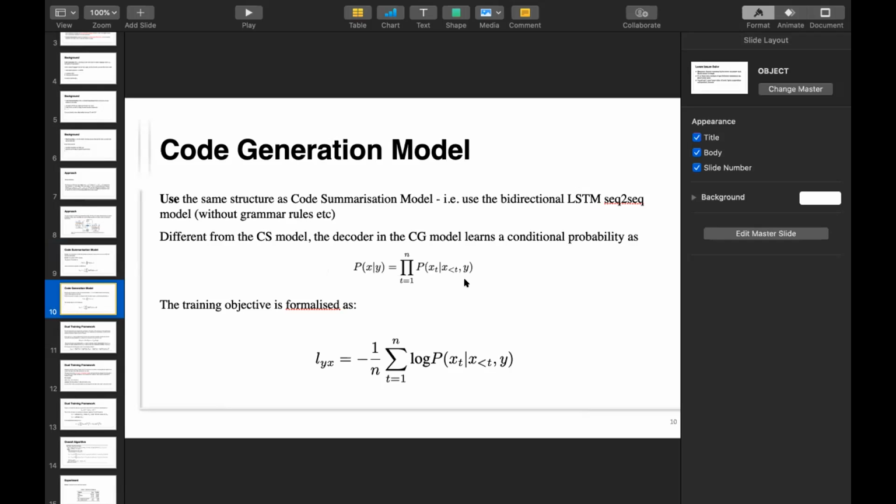Actually, it's not very different, only the input and the output. The code generation model still considers the code as a sequence of tokens. Here, it will take the natural language as input and output code.